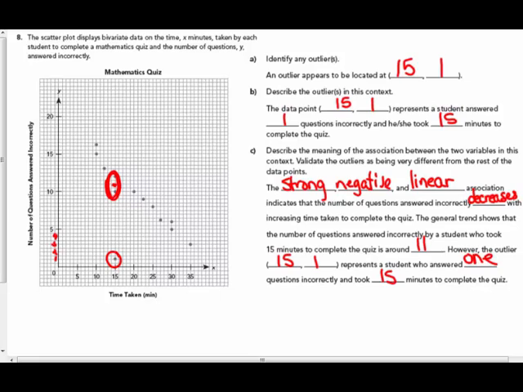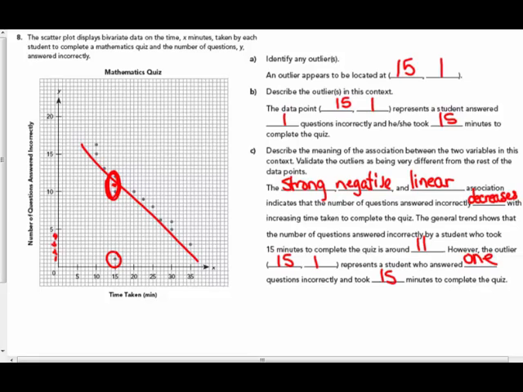So definitely an outlier. Otherwise, if you follow this pattern, on average you would make about 11 mistakes if you answered in 15 minutes. Outliers are very different from the rest of the pattern that you see in the association between the two variables.